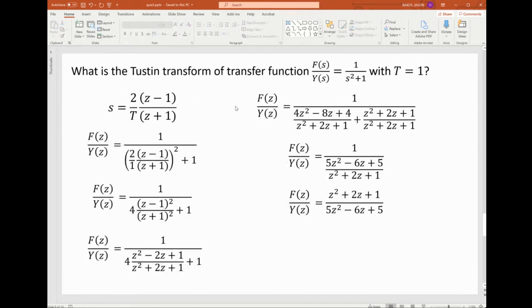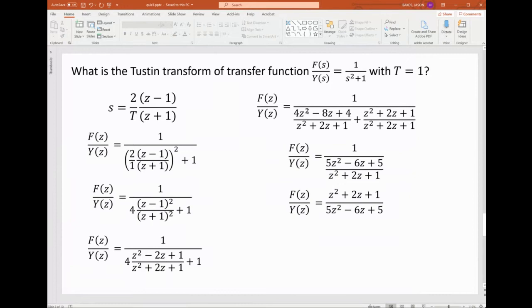Okay, next question is, what is the Tustin transform of the transfer function f of s over y of s equals 1 over s squared plus 1 with T equals 1? Now, the Tustin transform, I went kind of fast in the lecture for this because I wanted to finish up this material so I could keep on schedule.